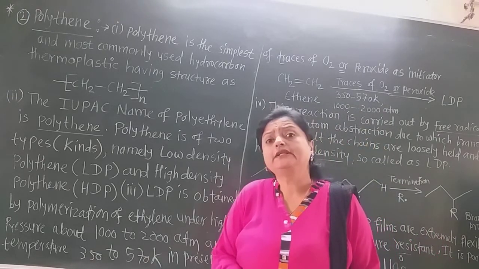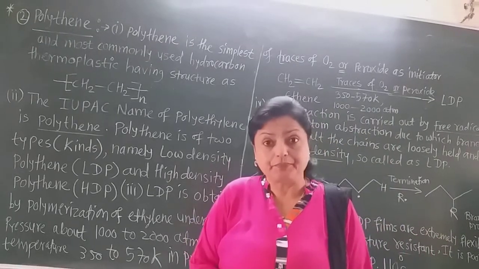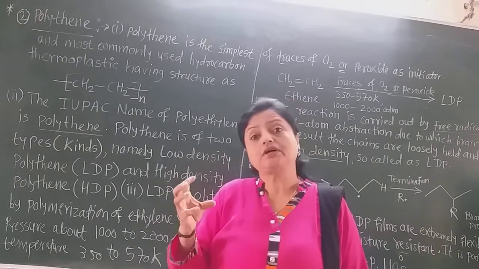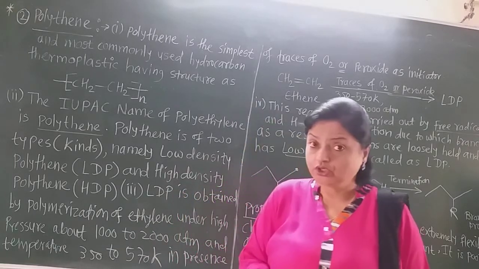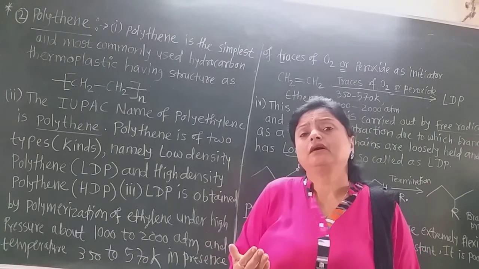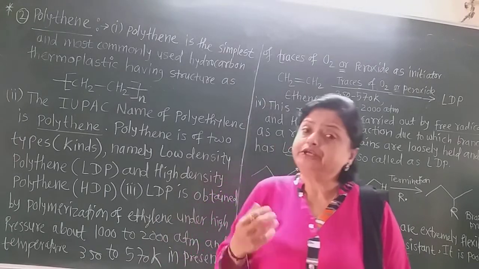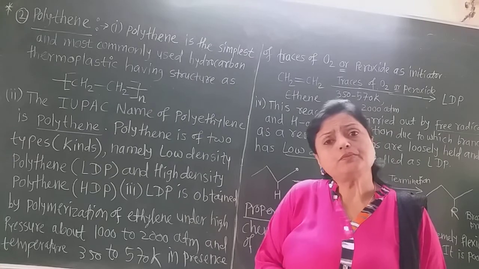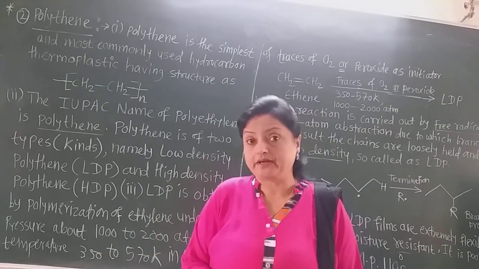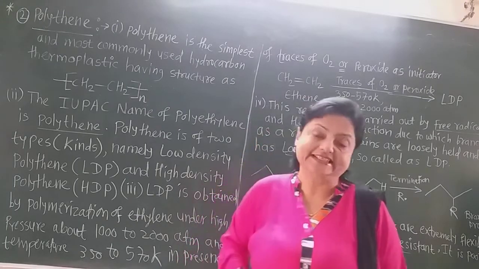In low density polythene, there is a free radical addition mechanism, and there is intramolecular hydrogen abstraction, due to which what happens? Branching is more in low density polymer, and due to the branching, these molecules are loosely held, and so they have low density or less density.